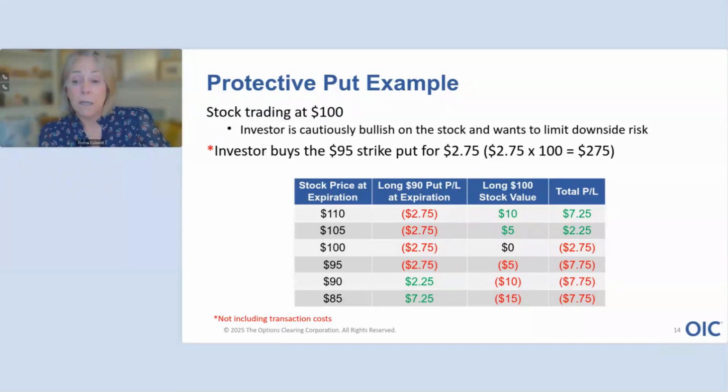The other thing I always like to look at is when these options expire and I'm holding my 100 shares, where's my new effective price? And the new effective price is that I bought stock at $102.75.